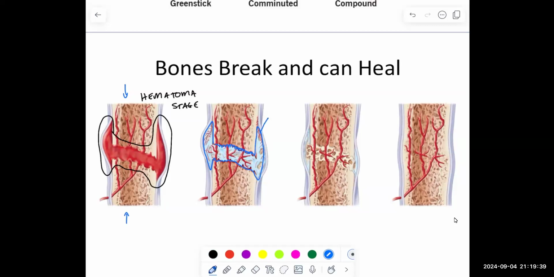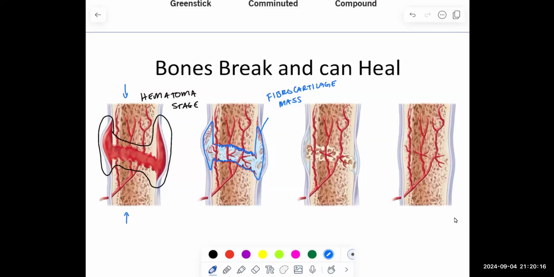And this is a fibrocartilage mass. So first it was filled with blood. Then it's going to fill with fibrocartilage, not hyaline cartilage. Fibrocartilage has more collagen in it to really support the healing process. It's going to form a fibrocartilage mass.